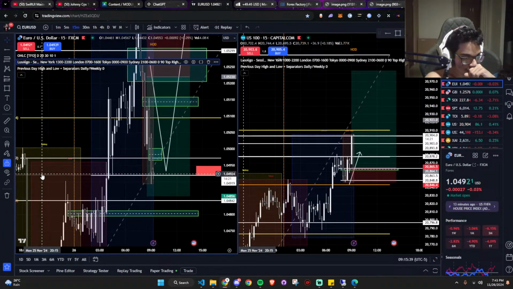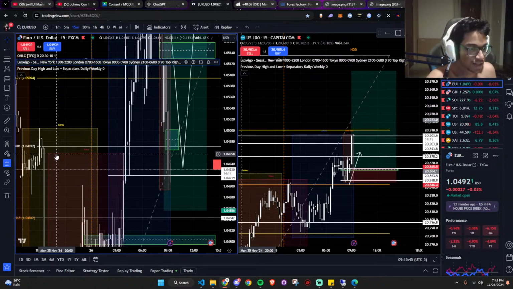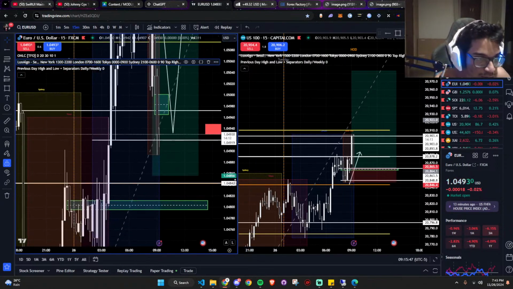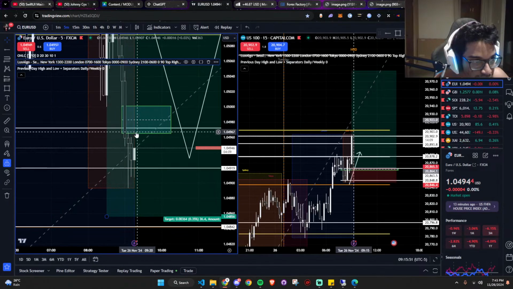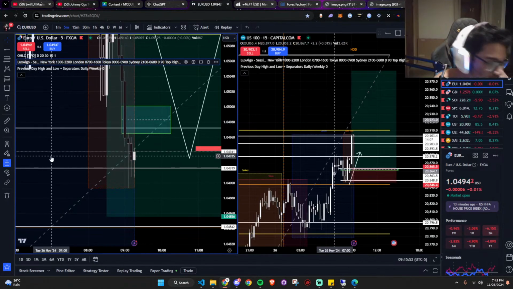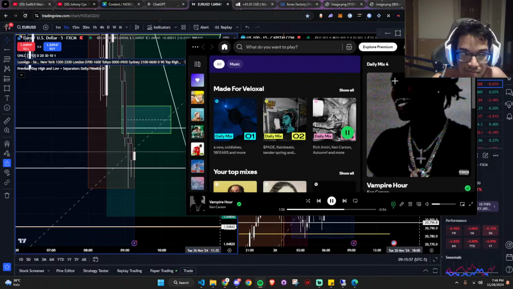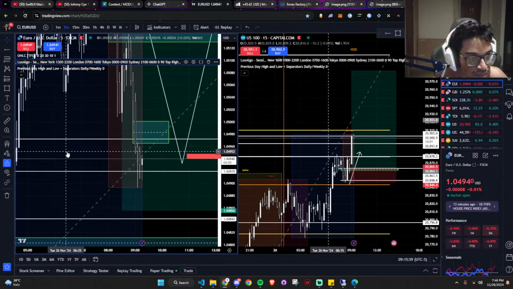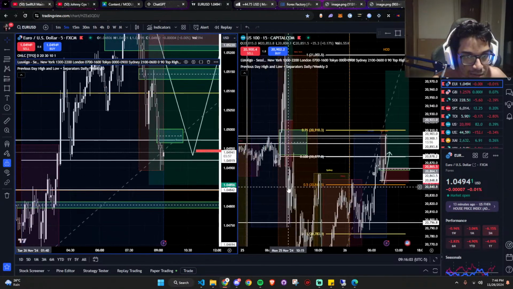Come on. Come on. Come on. I know this is gonna hit PP. Okay, it's sweeping liquidity a bit. It's fine. It's gonna push price to discount as much as possible.